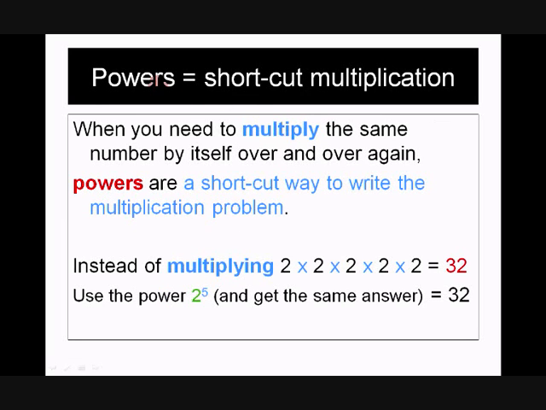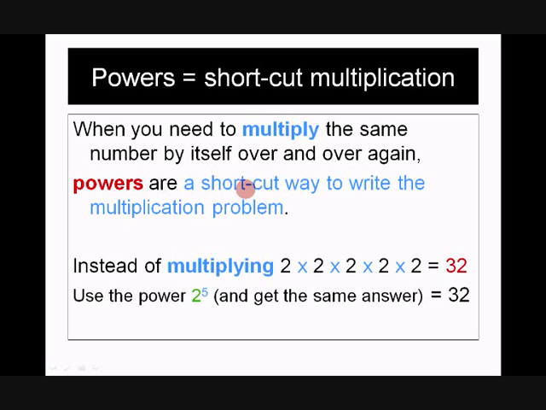What are powers then? Powers are a shortcut to multiplication. What is the shortcut to multiplication called? It's called powers. When you need to multiply the same number by itself over and over again, powers are a shortcut way to write the multiplication problem, right?